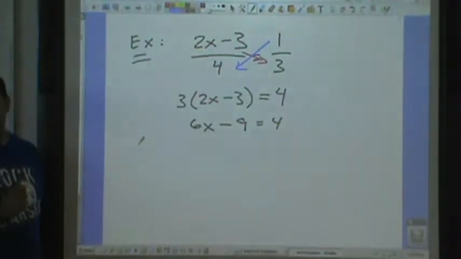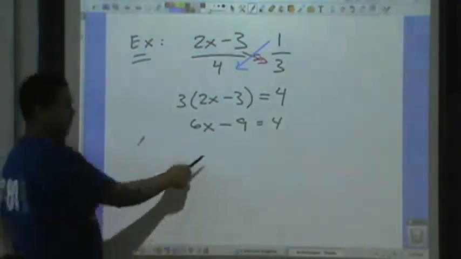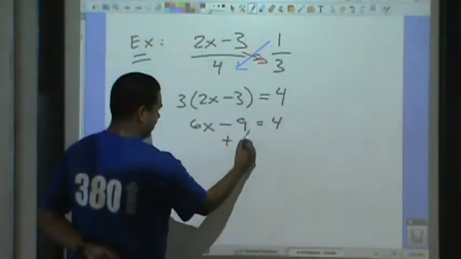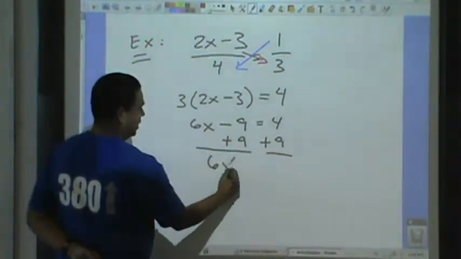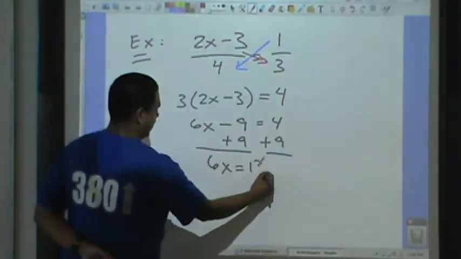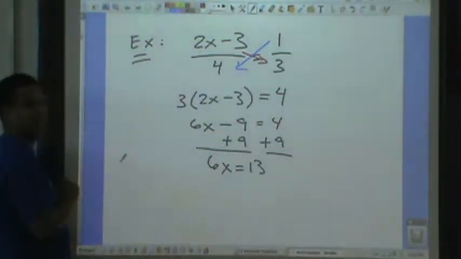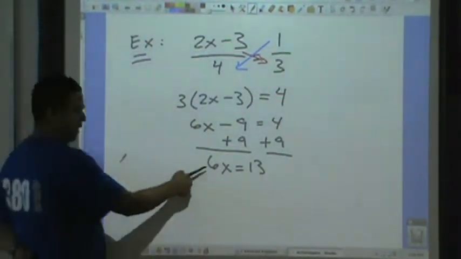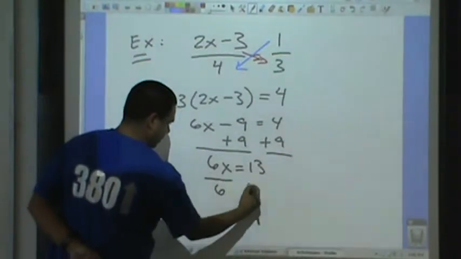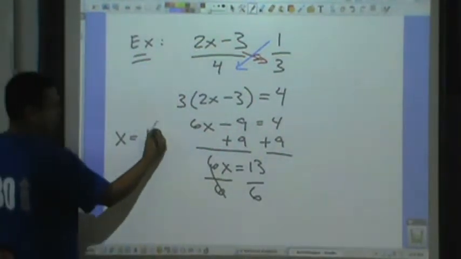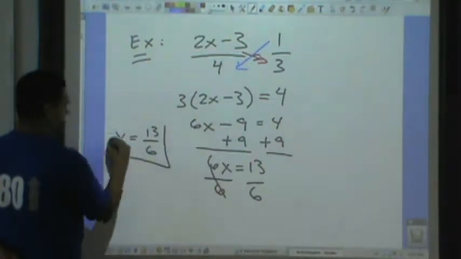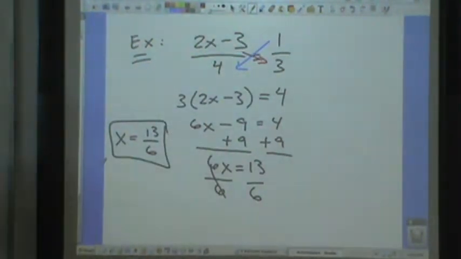Add the inverse, so we add the 9. So 6x equals 13, and the last step, divide by 6. Divide by the coefficient, the 6. So x equals 13 over 6. Questions on that? Everyone's got that?